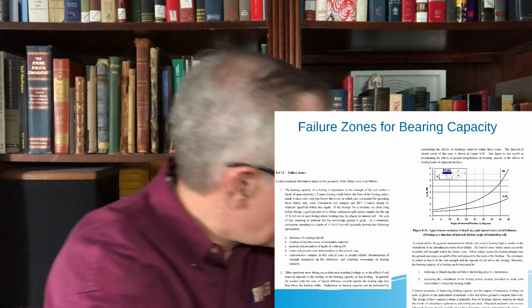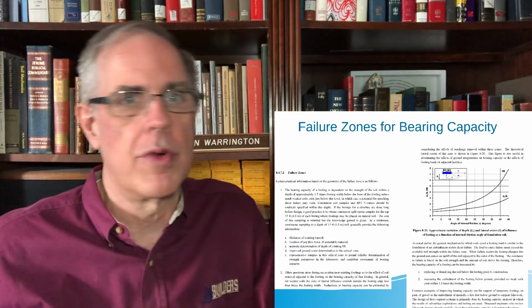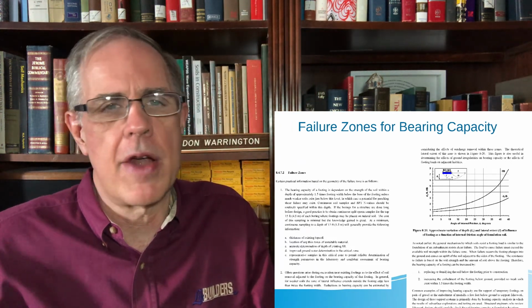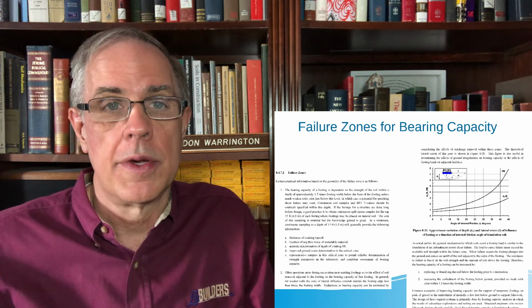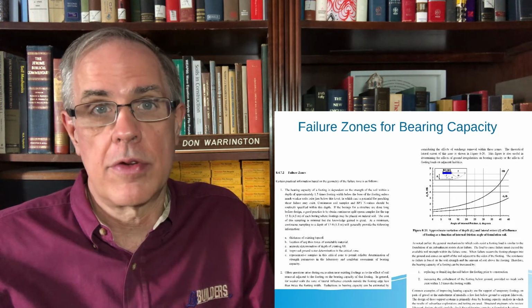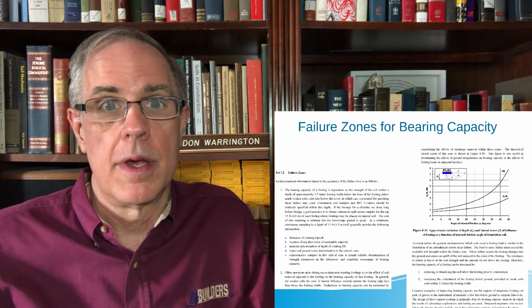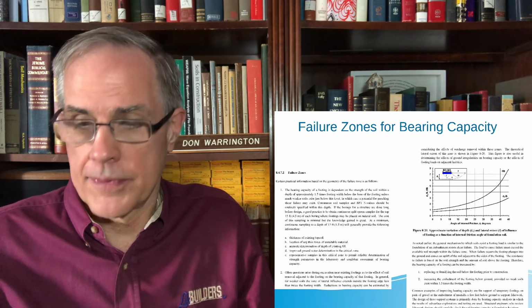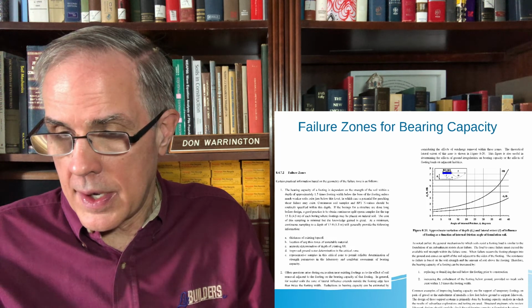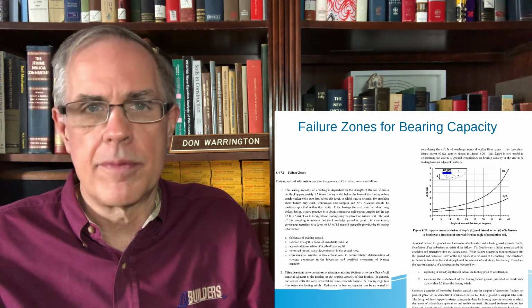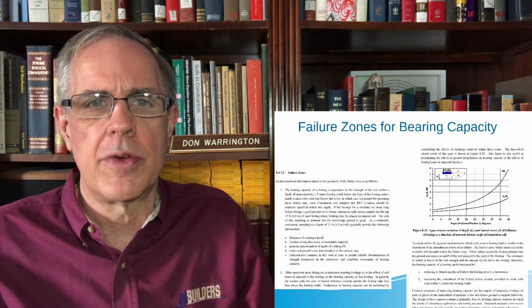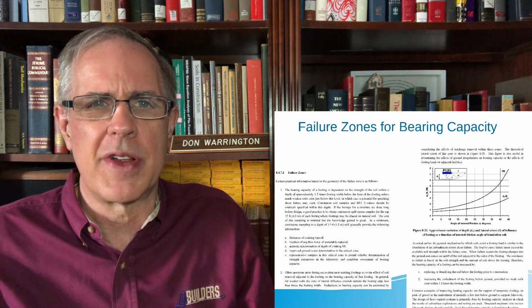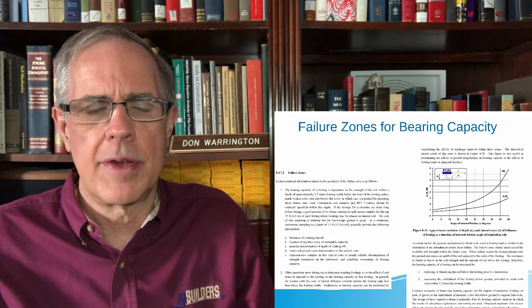It usually goes in one or the other, depending on minor eccentricities in the load, or possibly even non-uniformities in the soil. So that's an overview of the failure zones in soils, and I've glossed over that, but it's something you need to look at in detail to understand how this actually works.